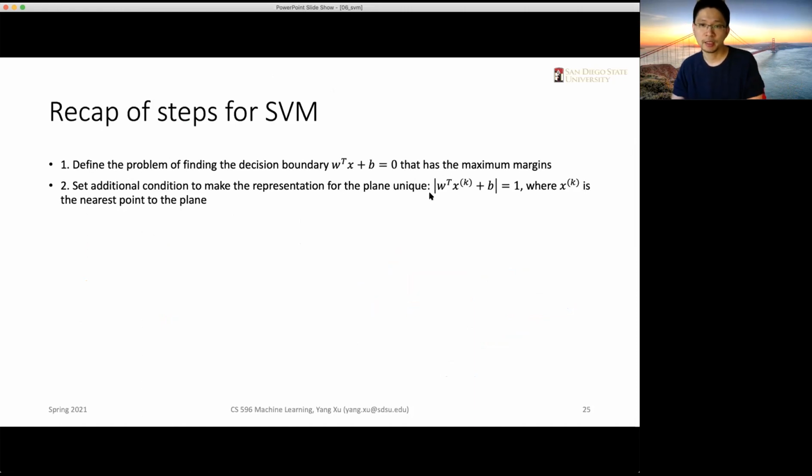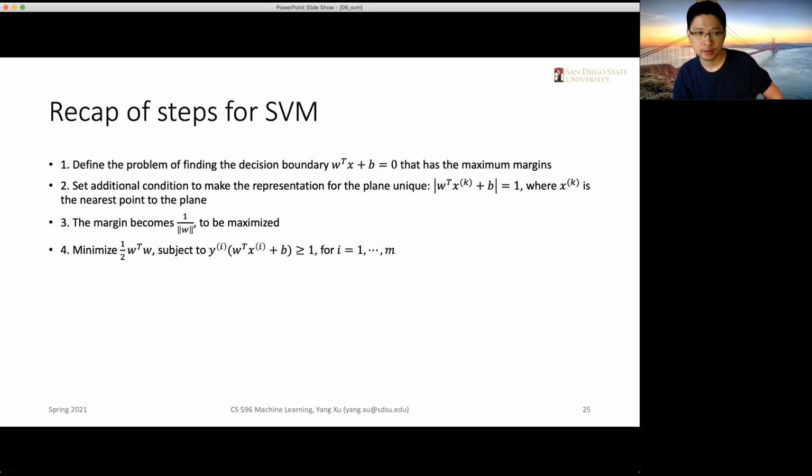Okay, we let the absolute value for the nearest data points be 1. Okay. And the margin, we can get by projecting the vectors along W's direction, is 1 over the norm of W, and we want to maximize it. So it's to minimize the inner product subject to a bunch of inequality constraints.